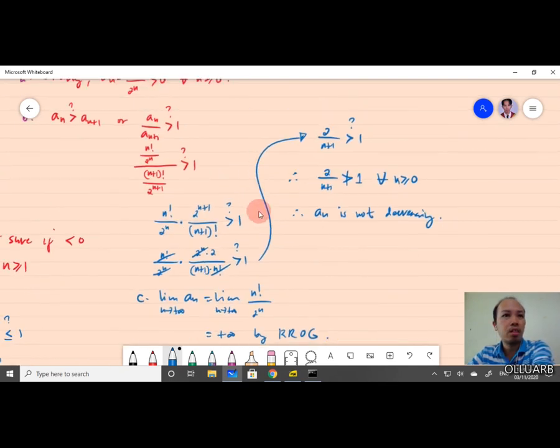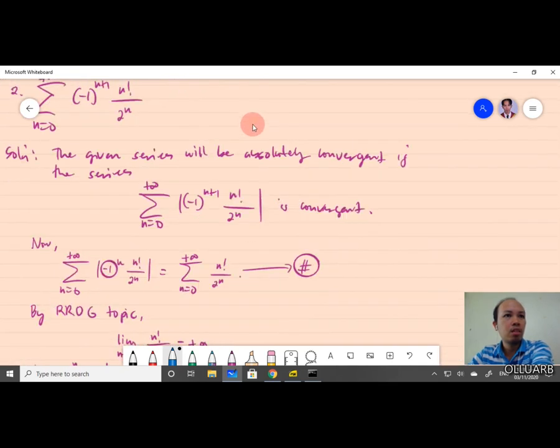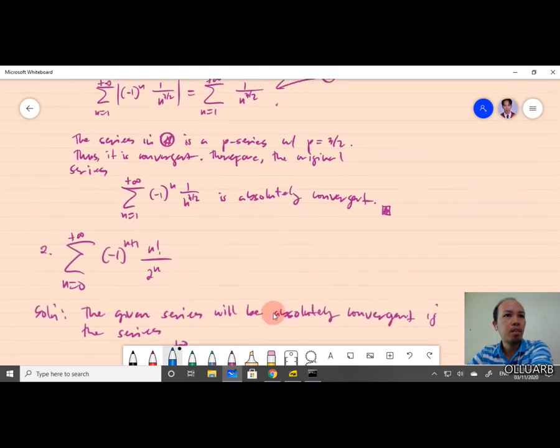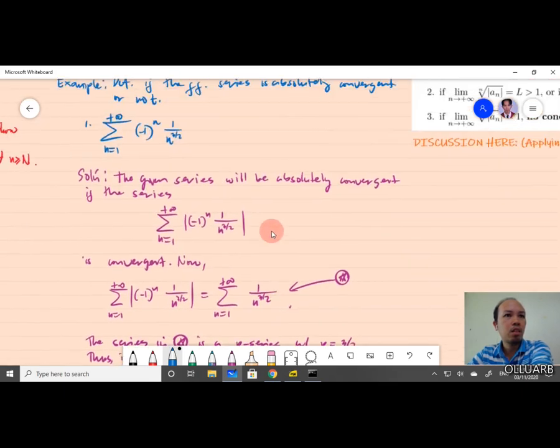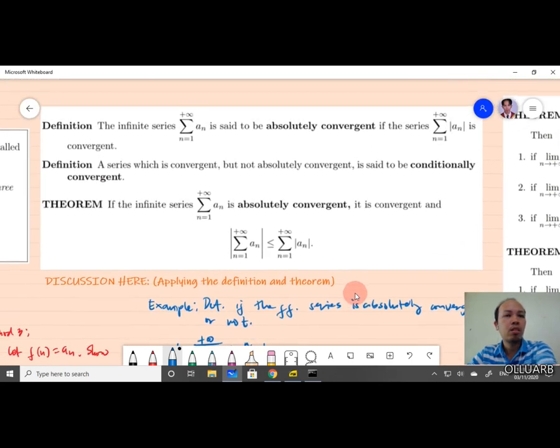So please remember here, in order for the series to be absolutely convergent, the one with the absolute value that you are going to compute, if that series is convergent, then you can say that it is absolutely convergent.